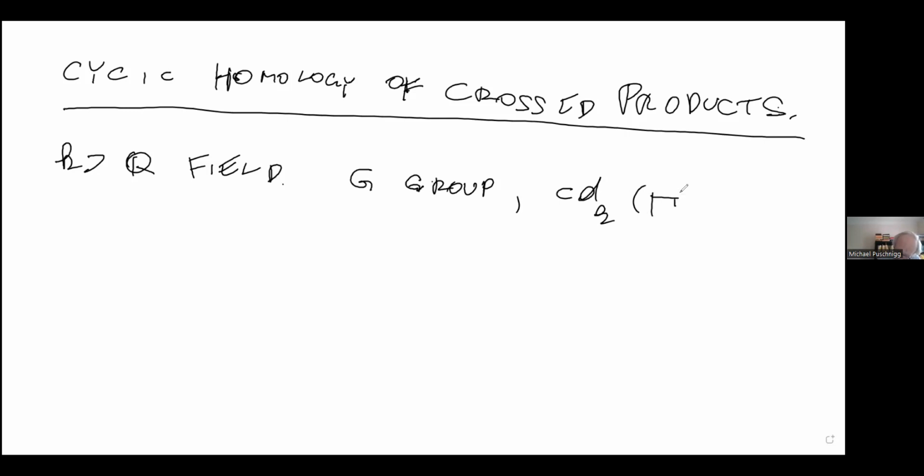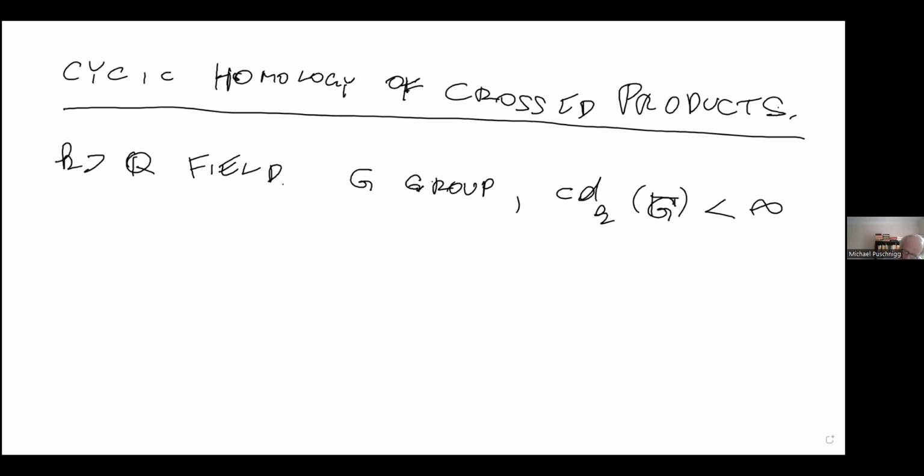This restriction is in the end completely unnecessary, but I want to get formulas which just use well-known invariants. And that's why, to simplify notations, I suppose that the cohomological dimension should be finite.